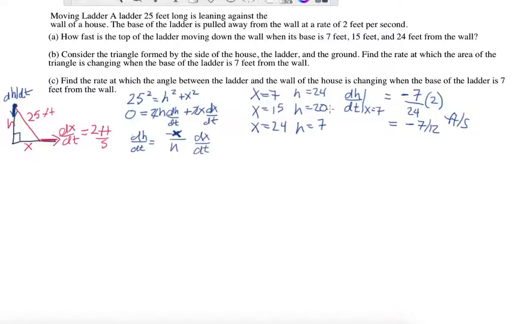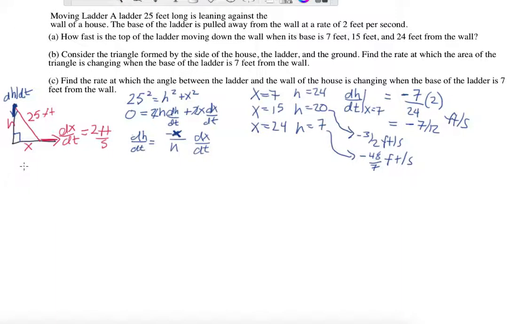And so we can do that with 15 and 20, 24 and 7, and so the other answers, just draw an arrow here, we'll get negative 3 over 2 feet per second, and then negative 48 over 7 feet per second. So depending on how far away the ladder is from the base of the wall, the rate of change of the height of the ladder is changing by these rates when x is 7, x is 15, and x is 24.